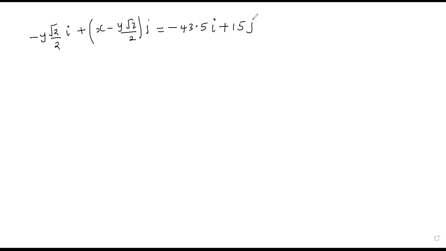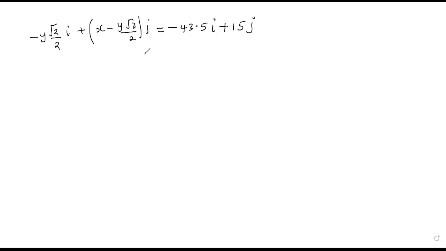have negative y root 2 over 2 i plus x minus y root 2 over 2 j equaling to negative 43.5i plus 15j.